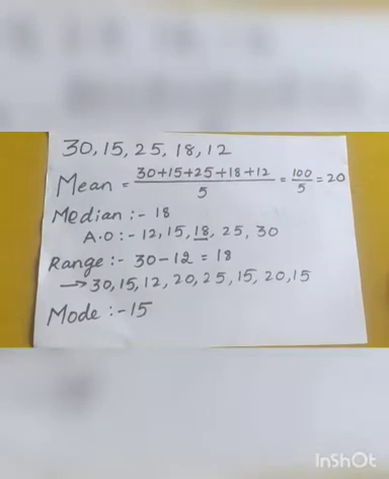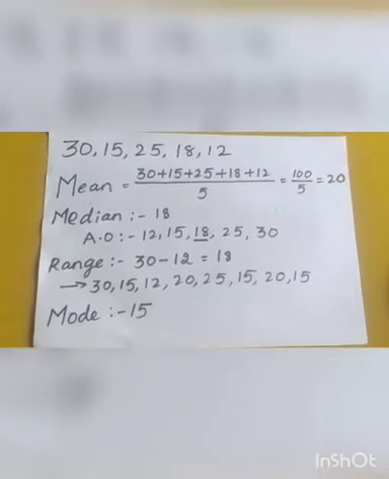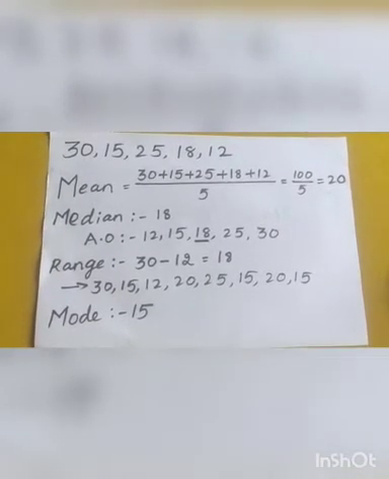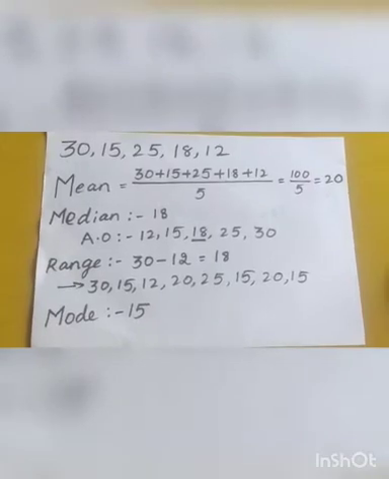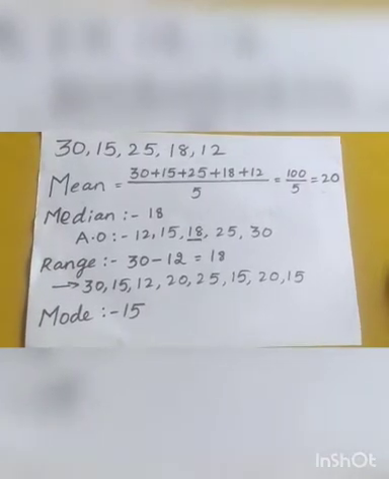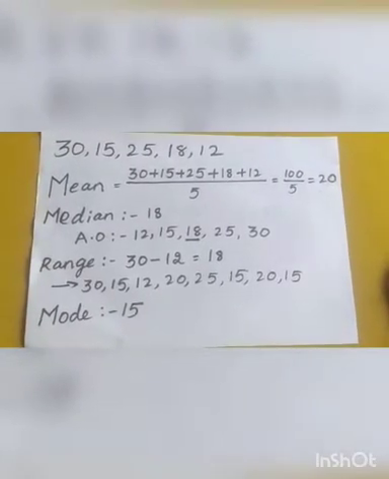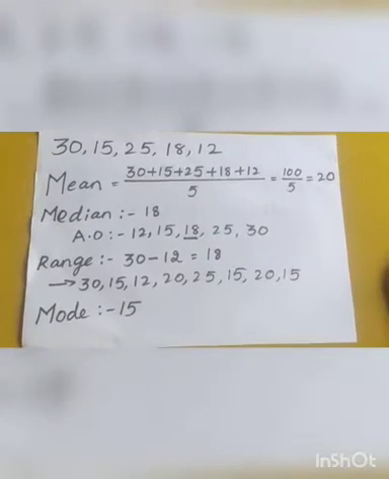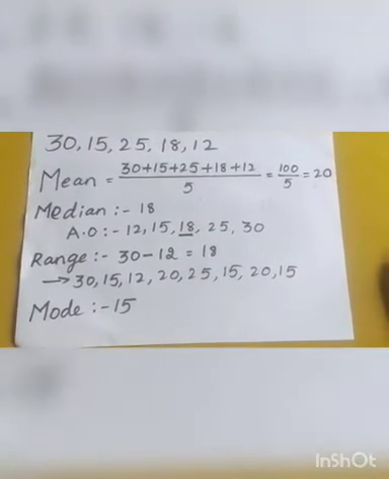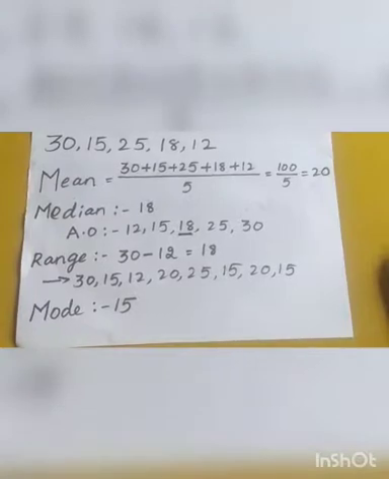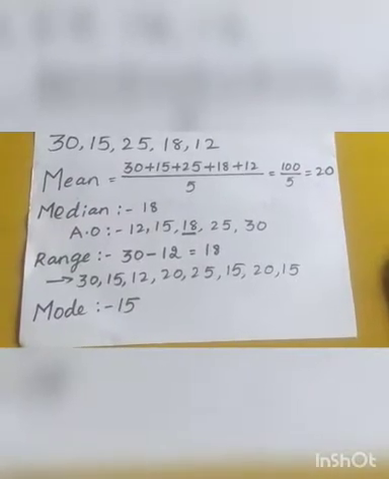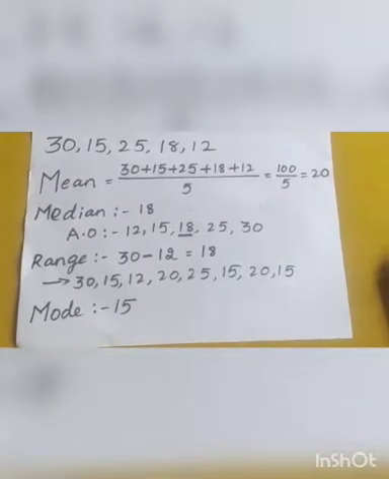Next, finding the median, children. To find the median, first you need to arrange the data in ascending or descending order. So here I arranged the data in ascending order. That is 12, 15, 18, 25 and 30. The middle observation is 18.